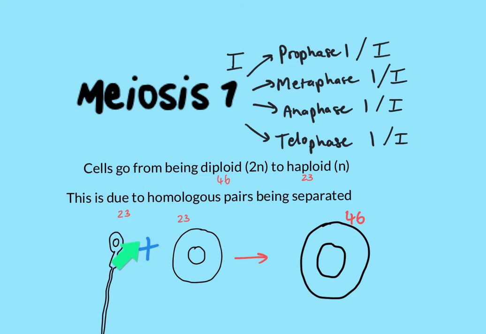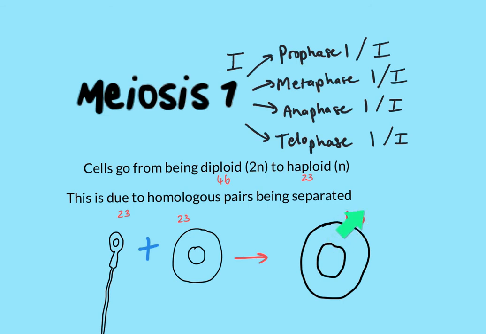So this is a haploid cell produced through spermatogenesis, meiosis. This is a haploid egg cell produced through oogenesis, also meiosis, and you end up getting a diploid zygote or a diploid embryo. Now, every animal and every plant has its own chromosome number. 23 is the human haploid number, 46 is the human diploid number.